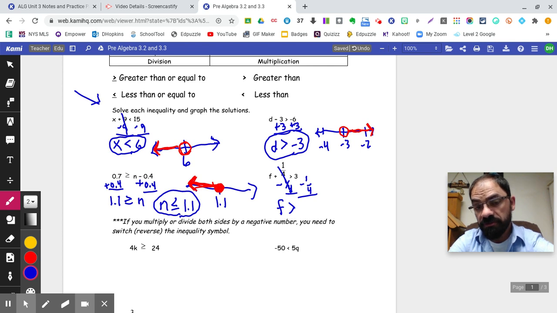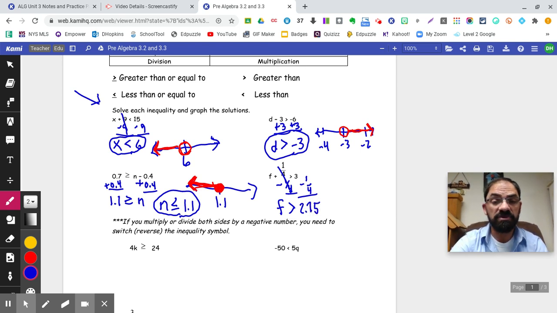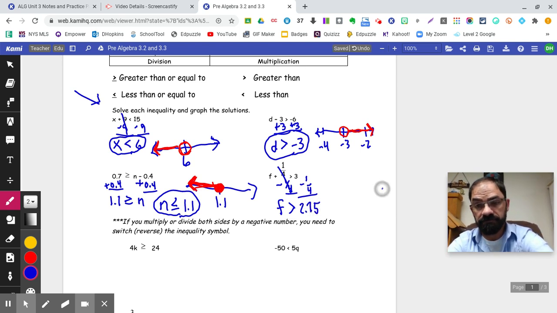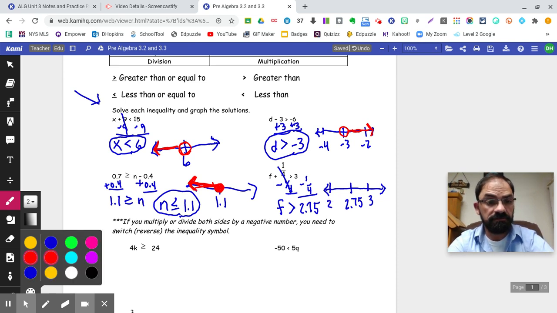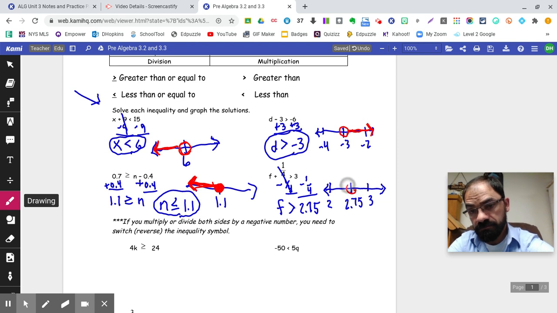So 3 minus 0.25 is 2.75. And if you want to keep that as a decimal, that's fine. Open circle, to the right.